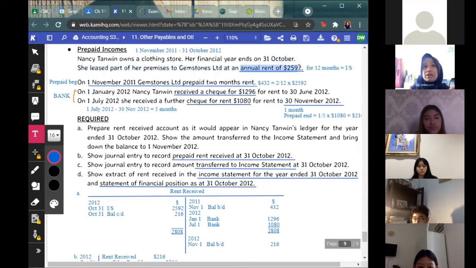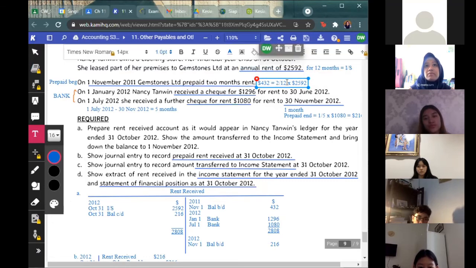The annual rent given, 2592, is for 12 months. You have 2 months rent. How do I find 2 months rent out of 12 months payment? As usual, 2/12 times 2592, then you have 432 as the prepaid beginning.